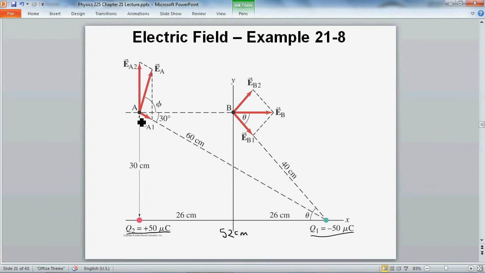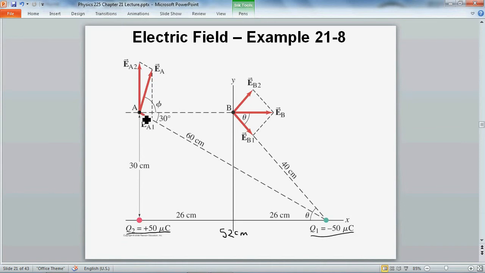And we have point A, which is directly above charge 2. And we want to know the electric field at point A based on charge 1 and charge 2. You'll notice that you have this vector going straight up. That's the electric field at A due to charge 2.